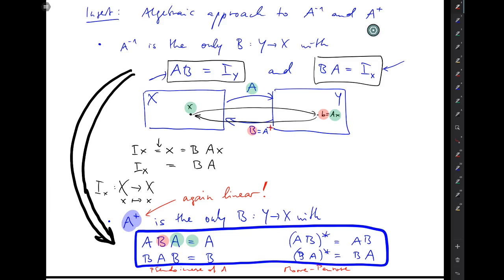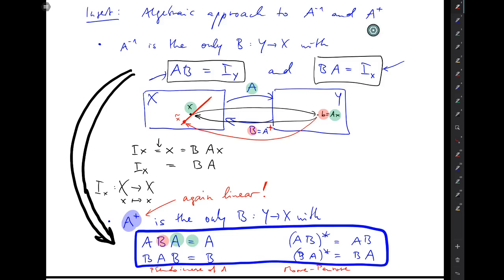Well, maybe there's more than one solution here. Then it would pick the solution that is closest to 0, maybe this one here, x tilde. So B actually brings you down to x tilde, not back to x. So you can see that this is not the identity, A followed by B. But if you apply A again, then what would you get?